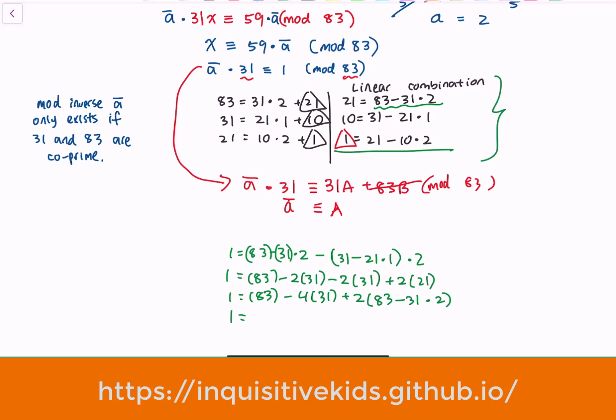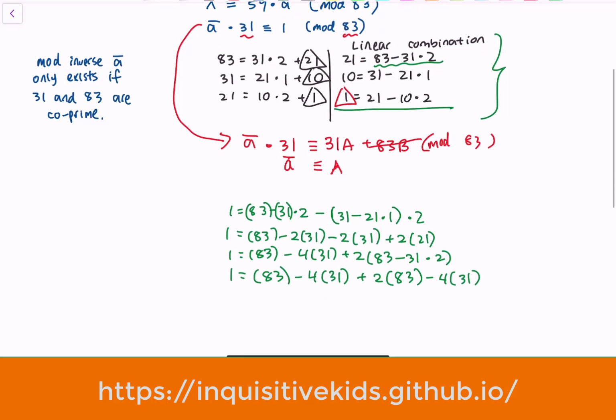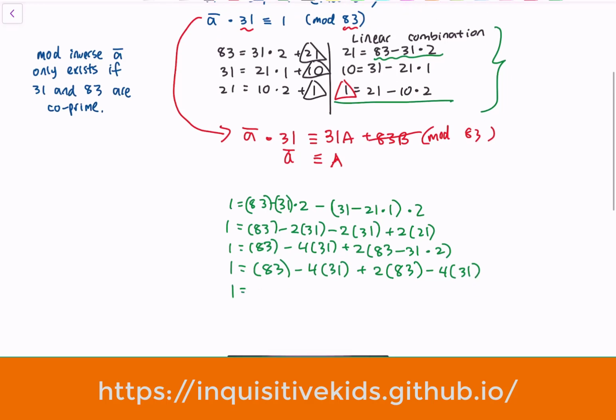So we keep simplifying. 83 minus 4 times 31 plus 2 times 83 minus 4 times 31. And then we're going to combine like terms for the last time. 3 83s minus 8 31s is equal to 1. So we have our final equation as a result of linear combination.